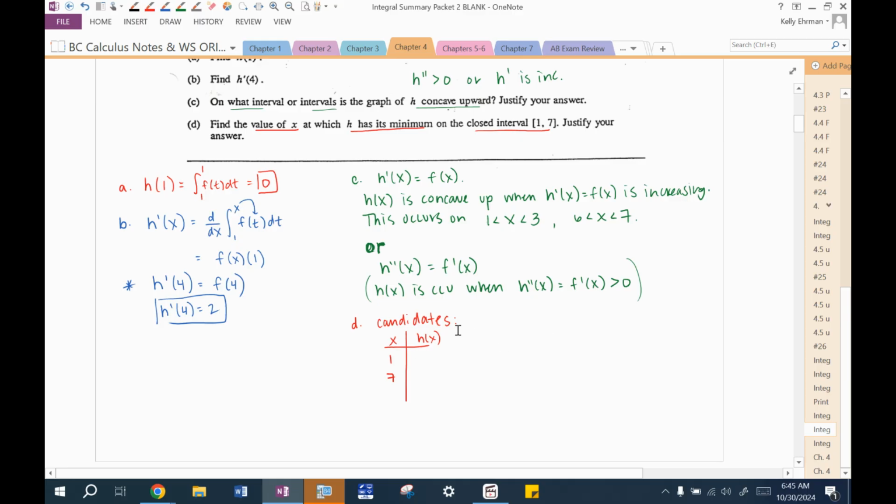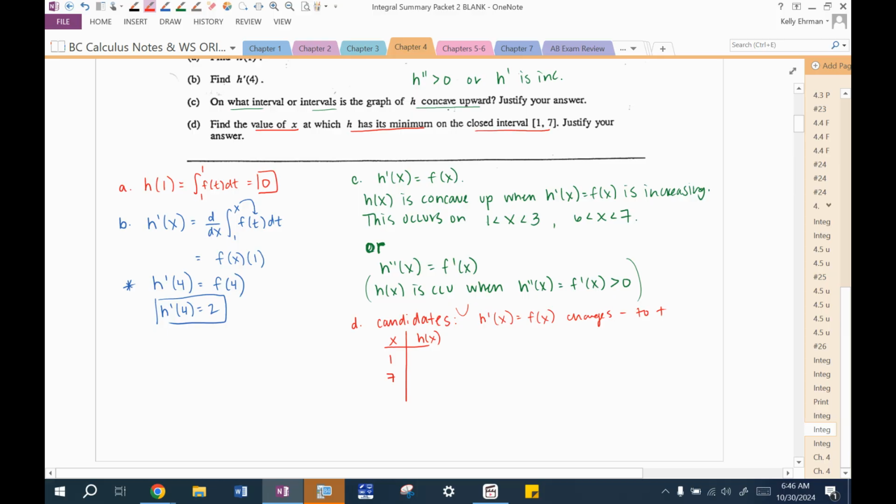And then do we have any place where h has a relative minimum? So h will have a relative minimum when h prime changes from negative to positive. So when h prime, which remember that's f of x, changes negative to positive. You don't need this for your AP answer.